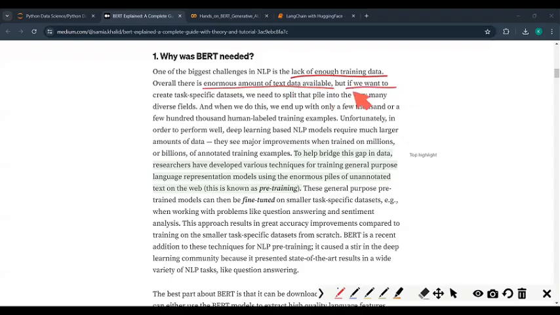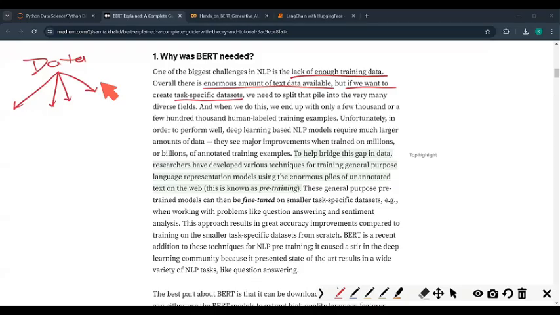But if we want to create task-specific data sets, we need to split the pile into very many diverse fields. Suppose whatever data is available on the internet, the entire data, is related to multiple domains. Some data is related to finance, some to sports, some to literature, some to mathematics.